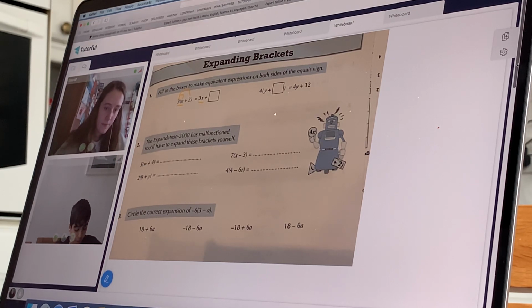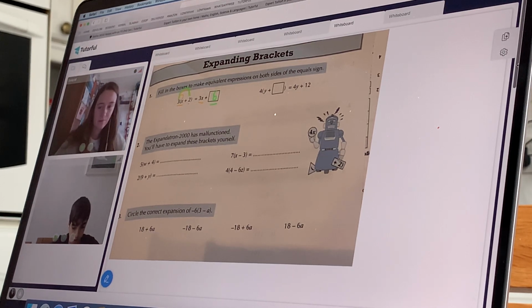And then we have to do this one: 3 times 2 is 6. So it will be 3x plus 6. Yeah, brilliant. Really, really good.